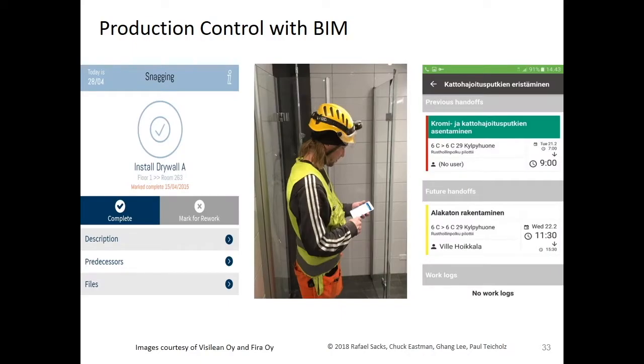Another, I did mention earlier the linkage between lean construction and BIM, and production control, production planning and then production control are very much lean construction ideas that have been very well developed in the lean construction community, and now they're being implemented with BIM. In this image you see on the left side a reporting screen from a mobile phone app which is part of the VisiLean software.